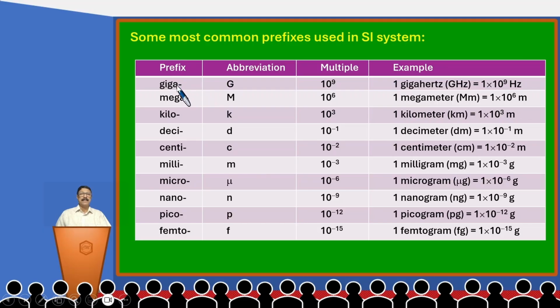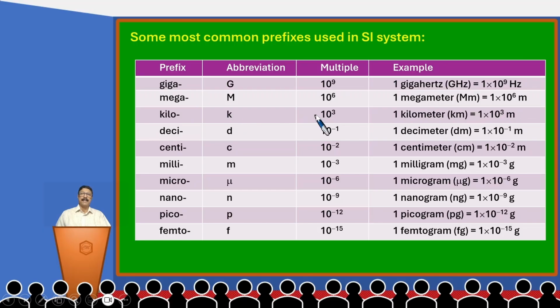Prefix giga, abbreviation uppercase G, multiple 10^9, and 1 gigahertz is equal to 1 × 10^9 hertz. Mega, uppercase M, multiplies 10^6. 1 megameter is 1 × 10^6 meter.